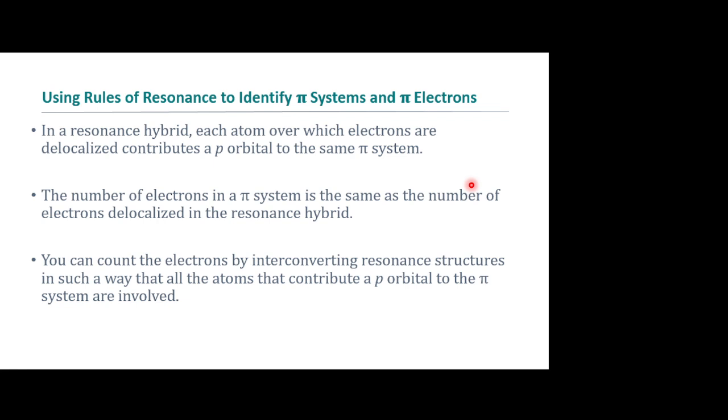All right, so let's talk about rules of resonance to identify pi systems and pi electrons. In a resonance hybrid, each atom over which the electrons are delocalized contributes a p orbital to the same pi system. Let me ask you a question. I want to make a new stream, a new tributary to the local river, okay? If I dig right here, outside the window, am I getting a new stream?